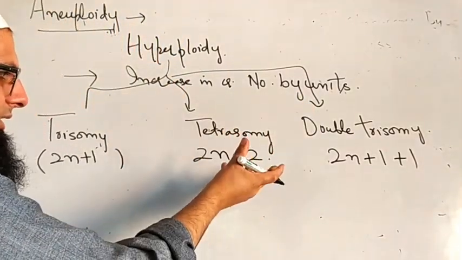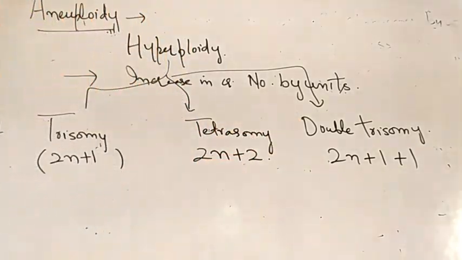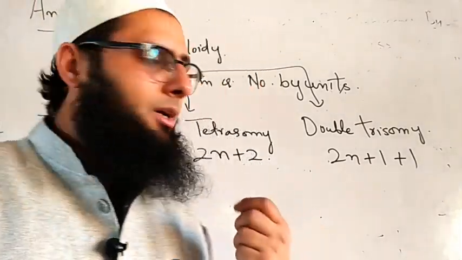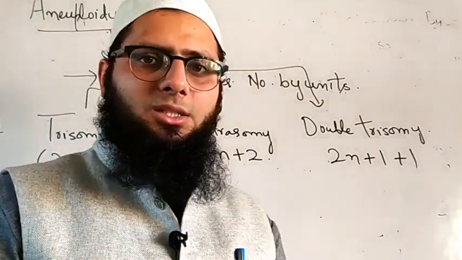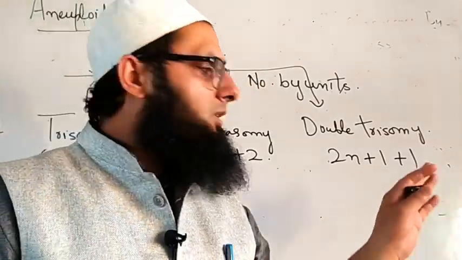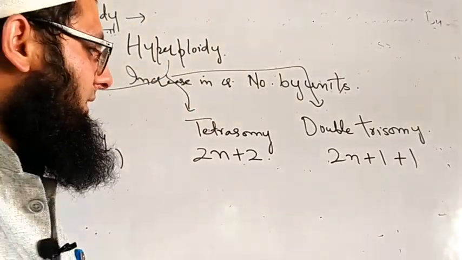We have got different terminologies and different conditions for 2 different cases. However, if somebody asks you how many chromosomes are added upon in case of tetrasomy, you will answer 2. If you are asked how many chromosomes are added upon in case of double trisomy, the answer will be again 2. But where is the difference?